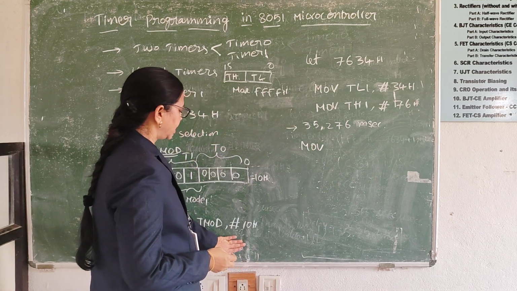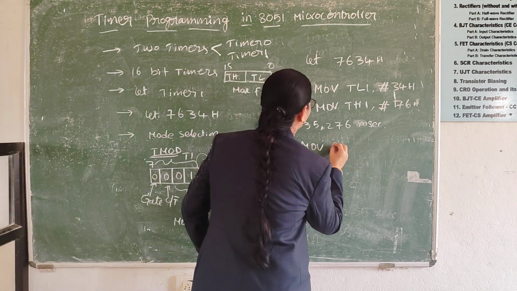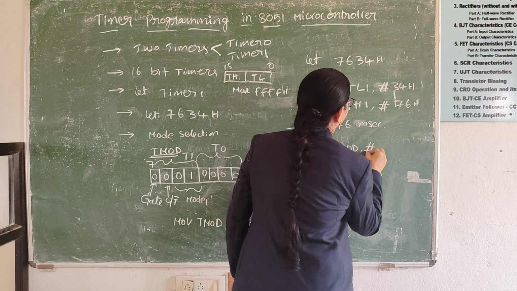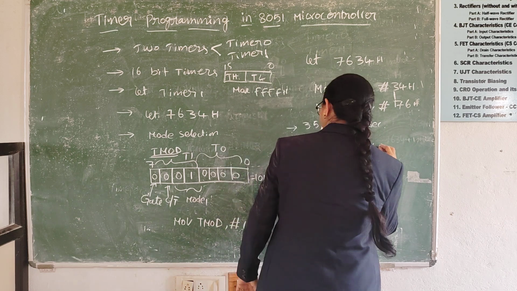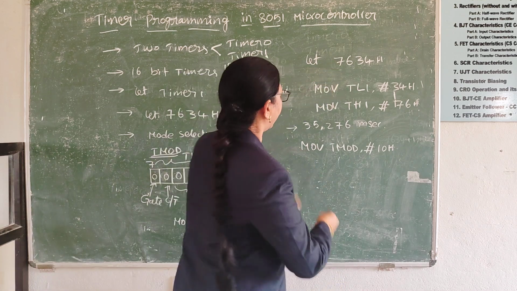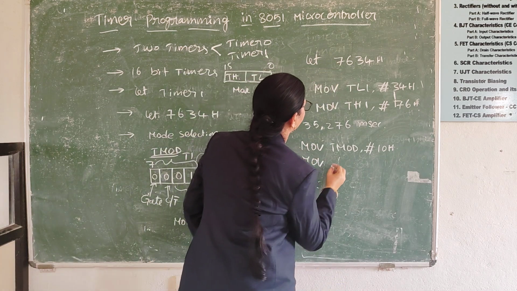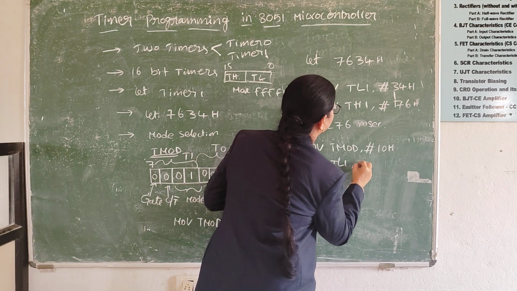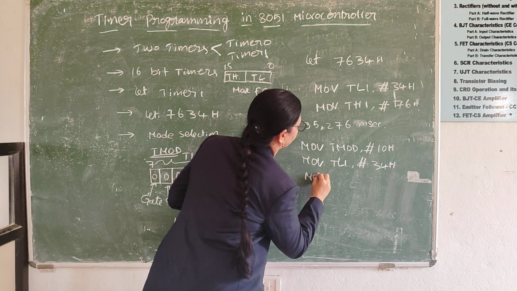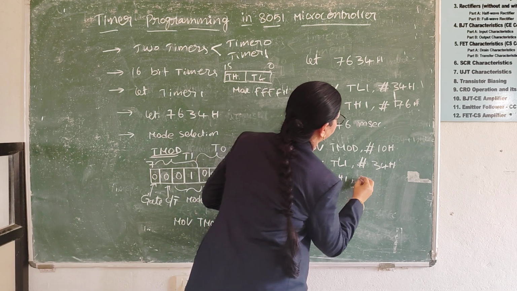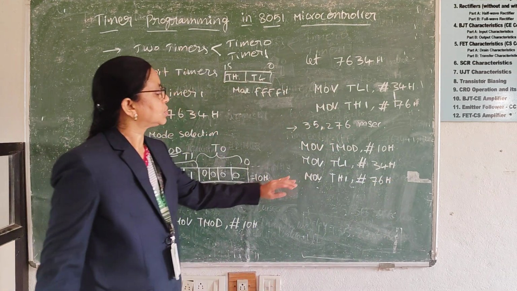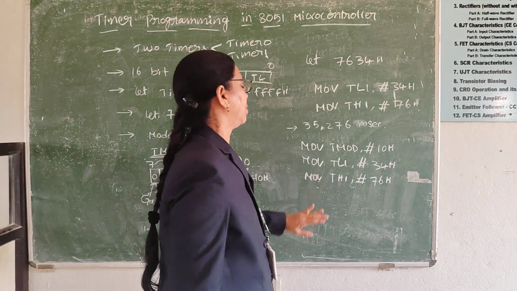First, mode selection and timer selection: MOV TMOD, #10H. TMOD is the timer mode register. Next we load the initial value: MOV TL1, #34H and MOV TH1, #76H. Then we have to run the timer.